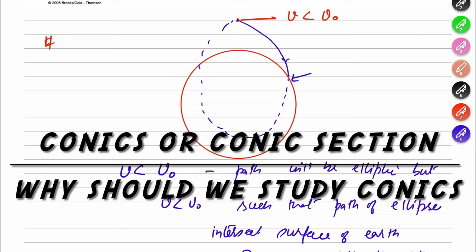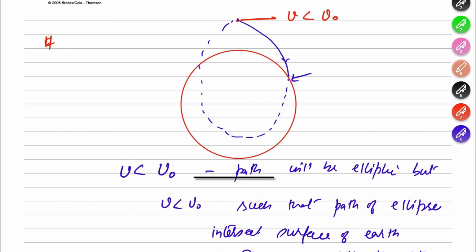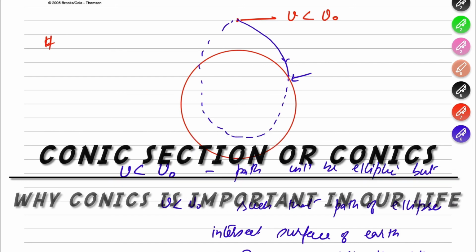But to understand why we are studying these conics, you should know that all heavenly bodies, whenever they revolve around each other, around some planets or around the sun, follow some path that is elliptic or circular, or if you are projecting any projectile from the earth, their path may be circular, hyperbolic, or elliptic. So you should know what path they are following.